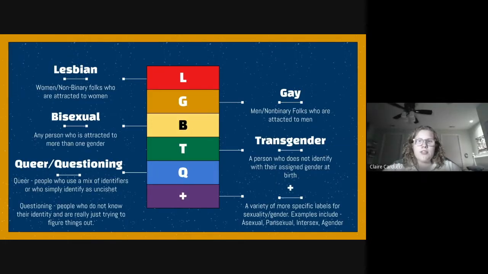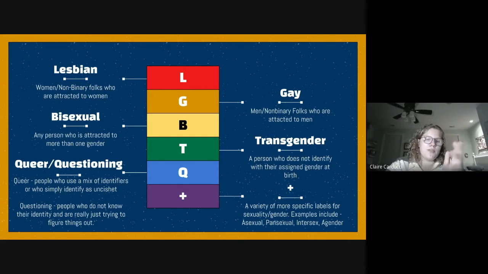Thanks. So first, we just wanted to quickly run through the acronym, just to make sure everybody knew what everything means. The L stands for lesbian, and that is defined as women or non-binary folks who are attracted to other women. The G is defined as gay, men or non-binary folks who are attracted to men.